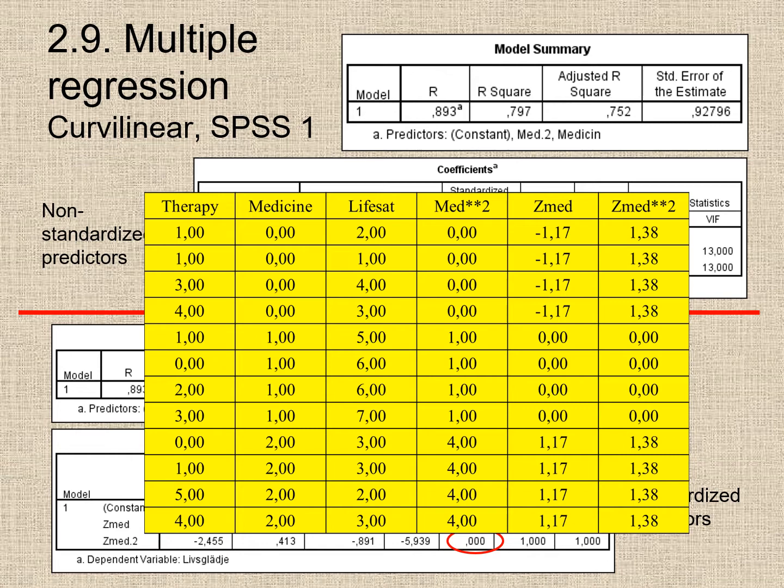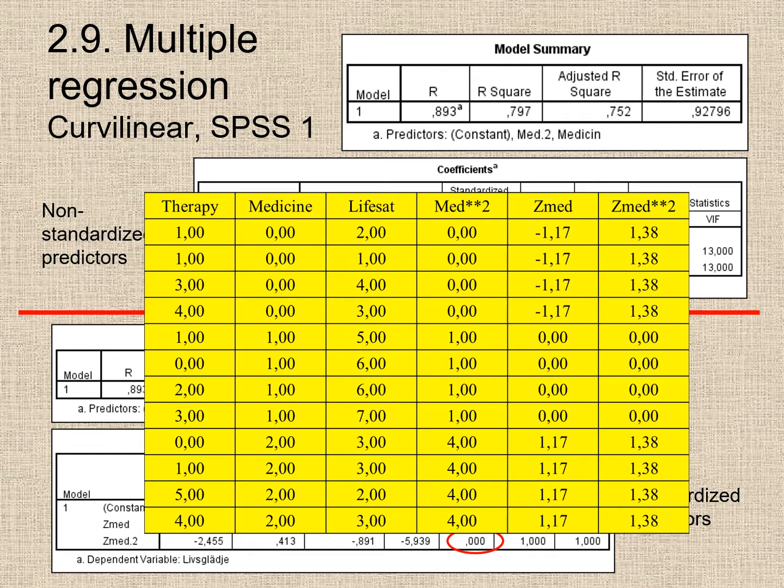How do we interpret this? Well, I had the next slide. We can have a look. The correlations here: medication and squared medication, an extremely strong correlation. Problems with collinearity. In this case, standardized medication and standardized medication squared, no correlation whatsoever. Of course, usually it's not like that, but in this example.